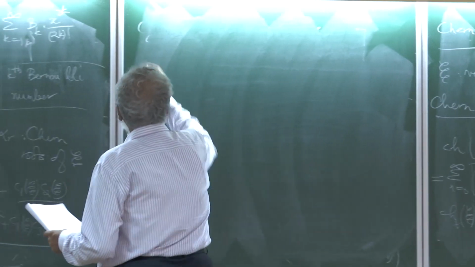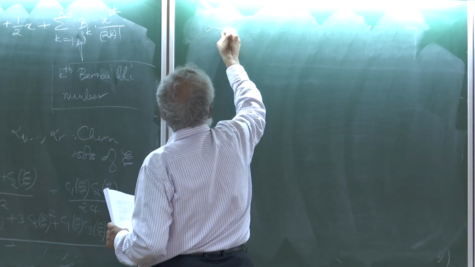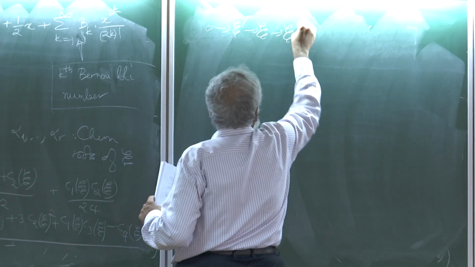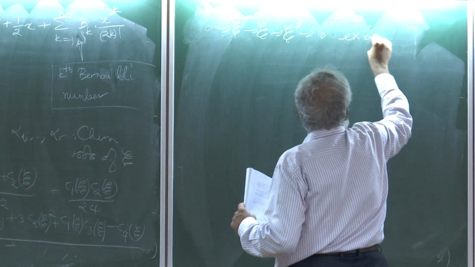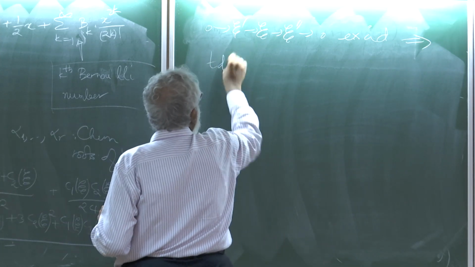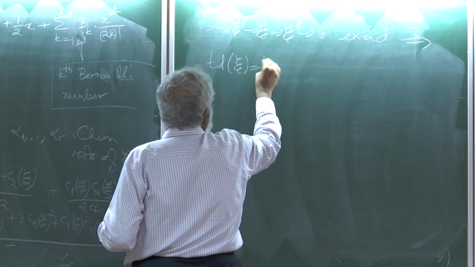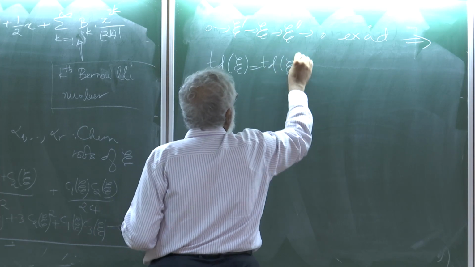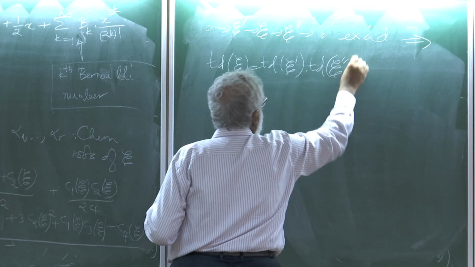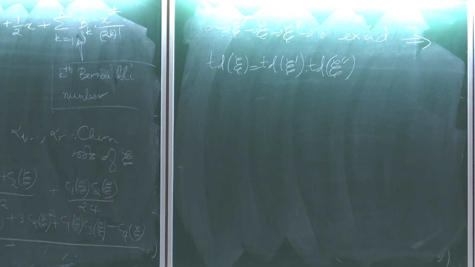So let's notice though the following property is formally obvious. Todd multiplies.